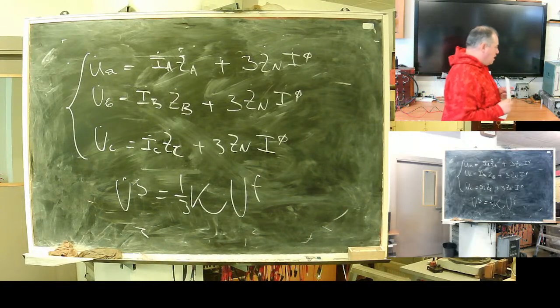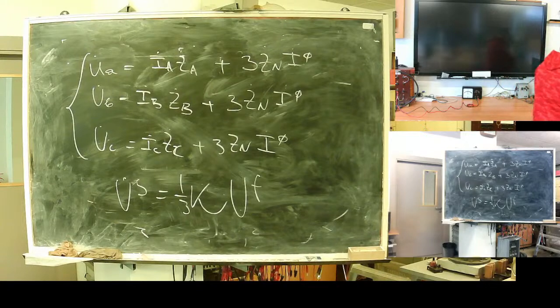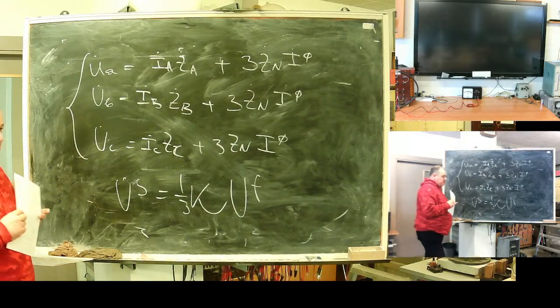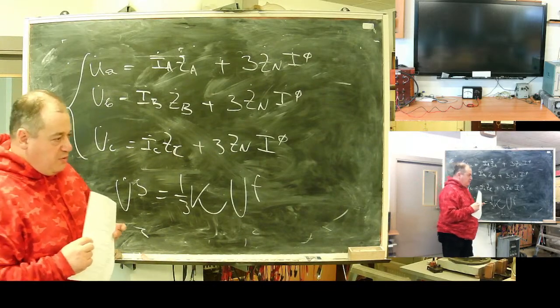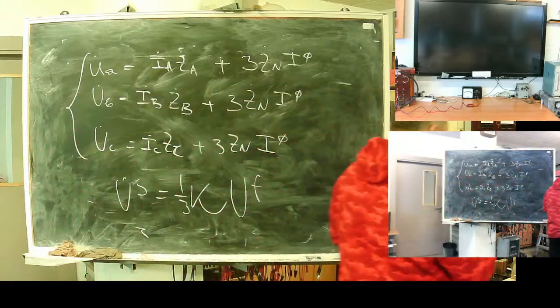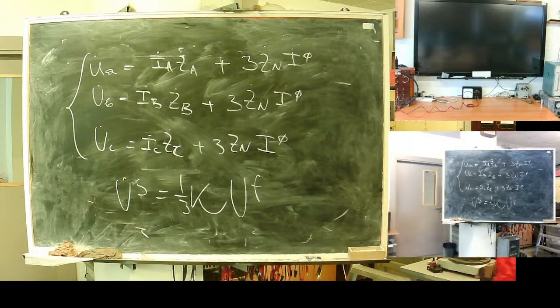Performing calculus on A phase simplifies work for me because the Q axis of synchronous machines represented in DQ coordinates will correspond to A phase. I'm reducing my work a bit.